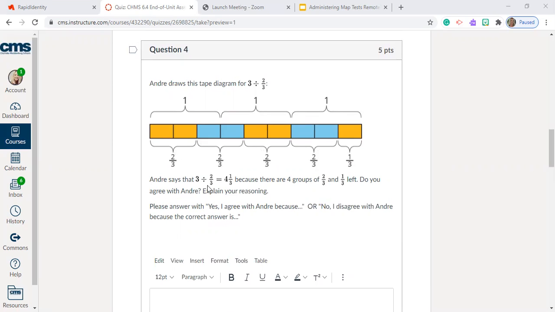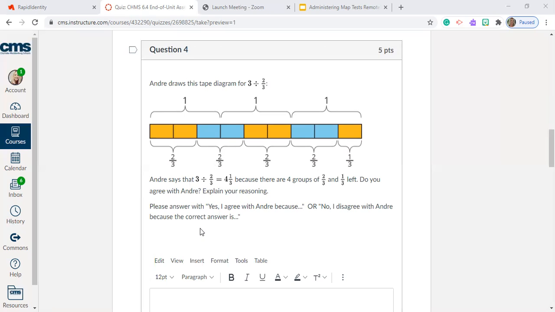Andre says that 3 divided by 2/3 equals 4 1/3, because there are 4 groups of 2/3 and 1/3 left. Do you agree with Andre? Explain your reasoning. So guys, I would go ahead and do the math out and see if this is correct, okay?